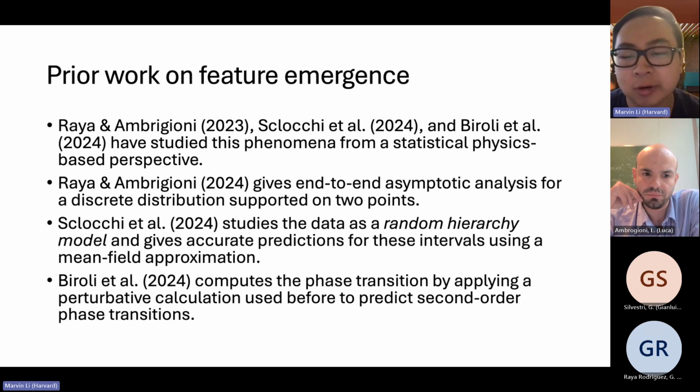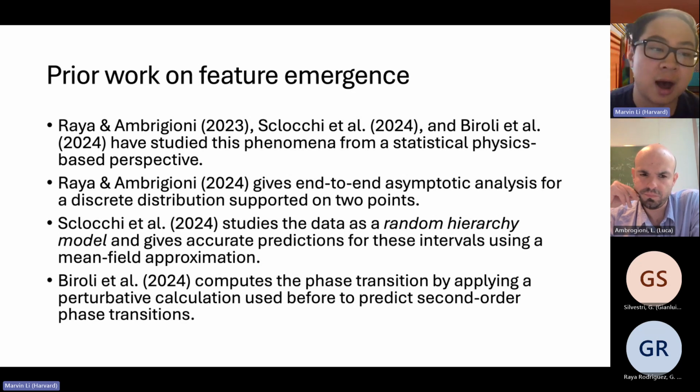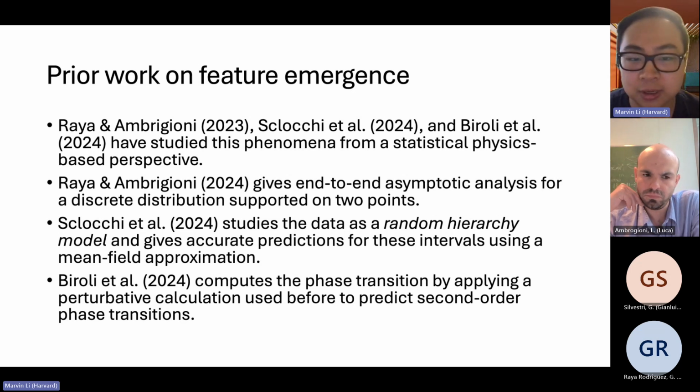Both prior and concurrent work have discussed this feature emergence phenomenon, but mainly from a statistical physics-based perspective. So Ryan, Biroli, Sclocchi, and Bonnaire have all discussed it.